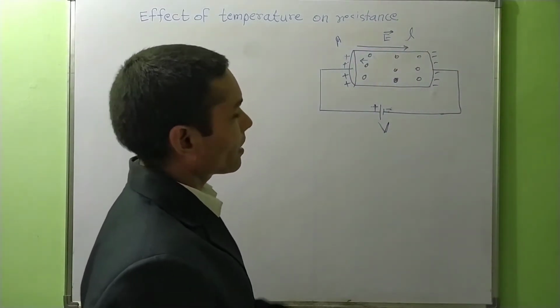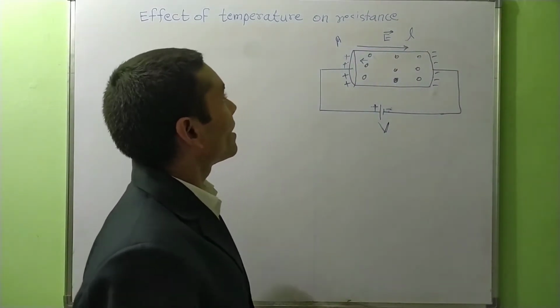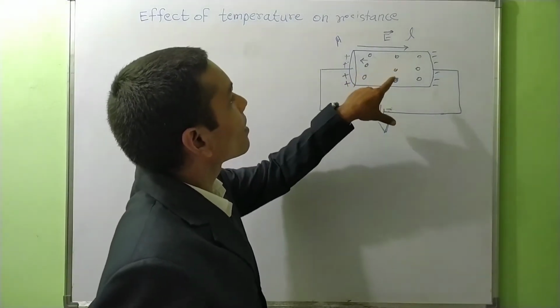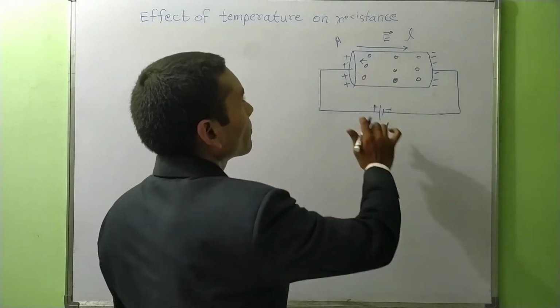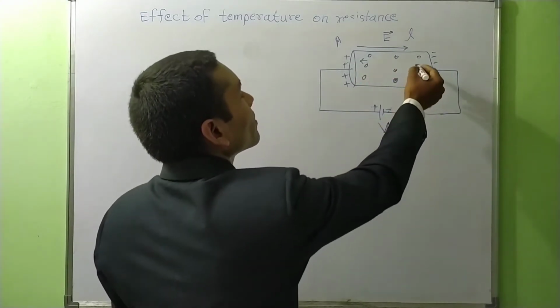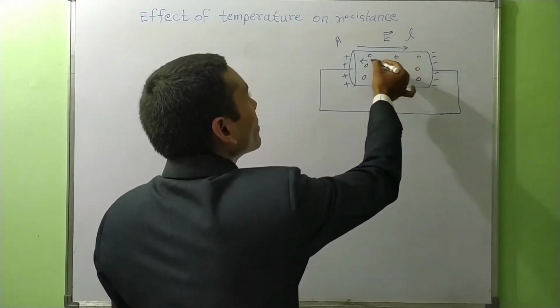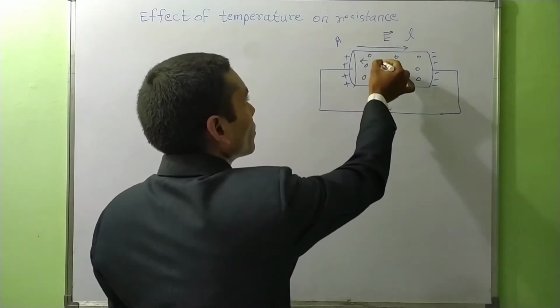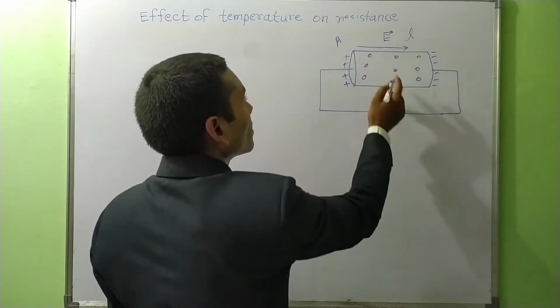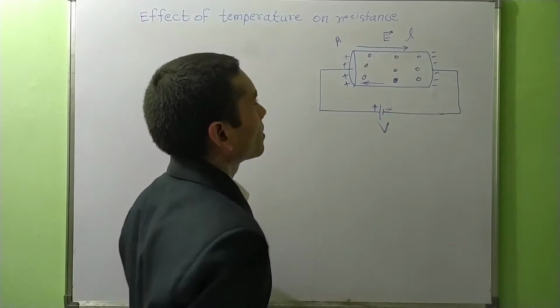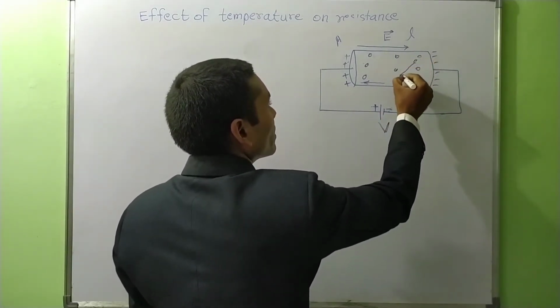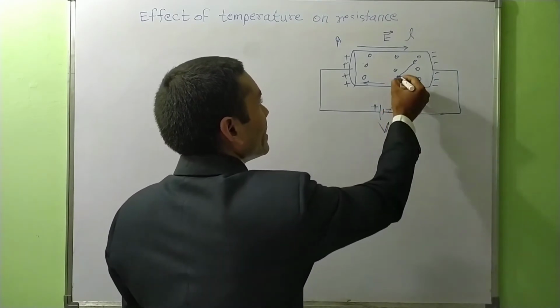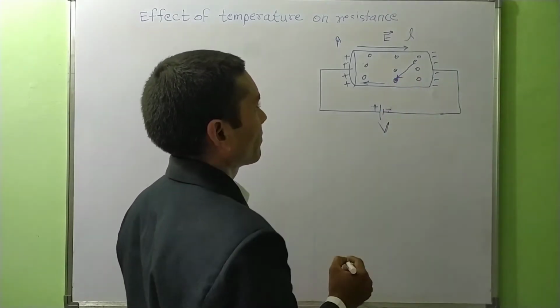Actually, the electric field is the electrostatic force on the free electrons. Due to this electrostatic force, electrons will be attracted towards the positive end along this direction. Let this be an electron moving along this direction, and it will collide with this atom.